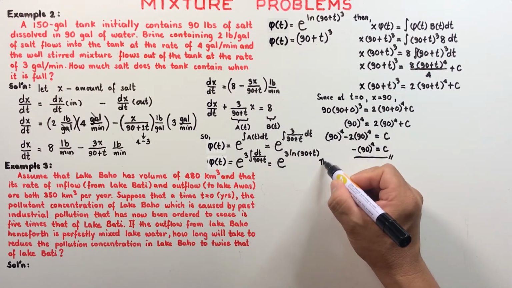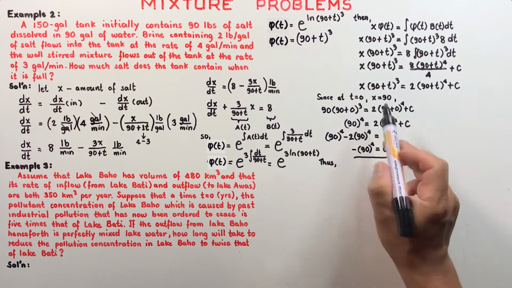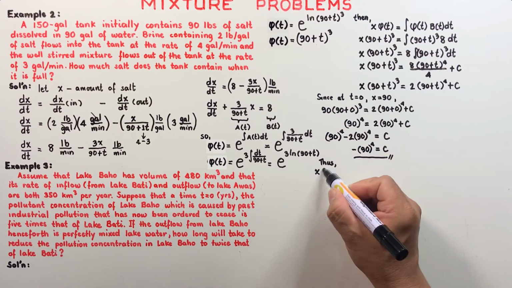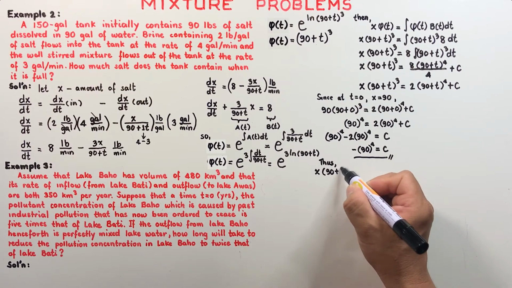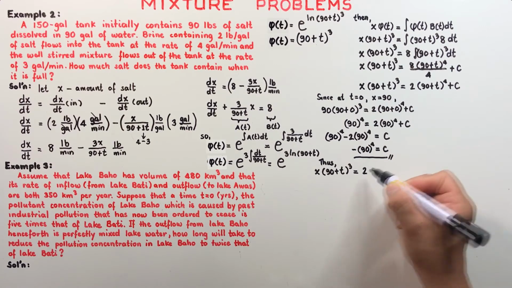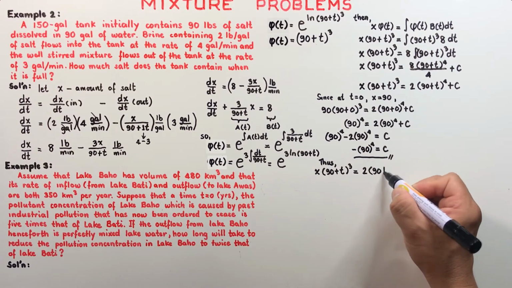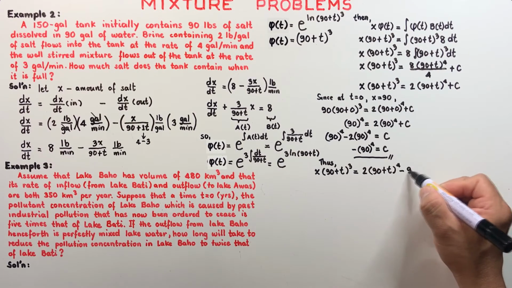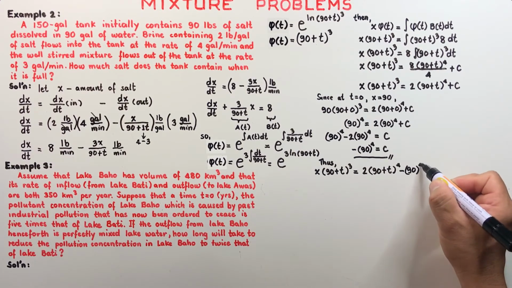Thus, our equation, which is this one, becomes x times (90 plus t) to the power of 3, which is equal to 2 times (90 plus t) to the power of 4 minus the fourth power of 90.